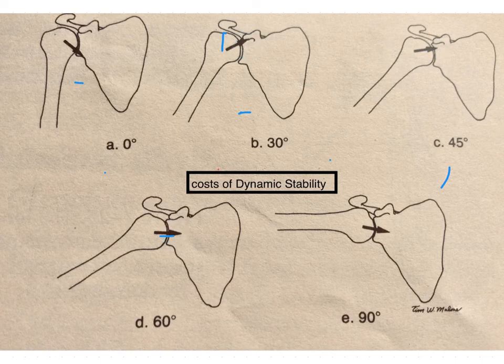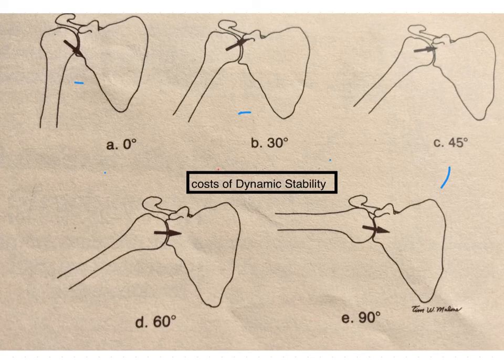Okay, now here is another important thing. We have seen the normal functioning and the dynamic stability, how the dynamic stability is maintained. These are all the stabilizing factors. Then what do you mean by this cost of dynamic stability?